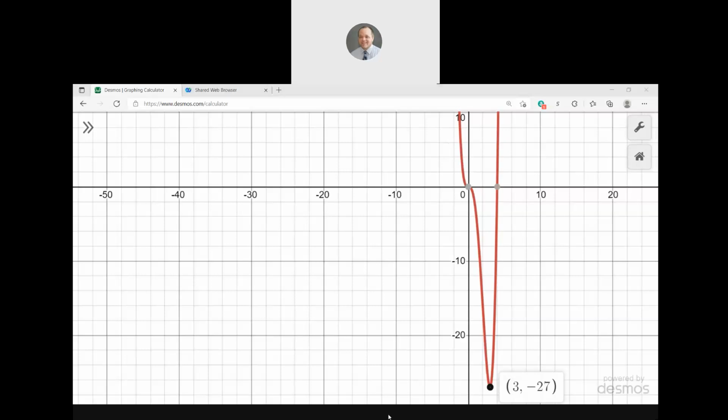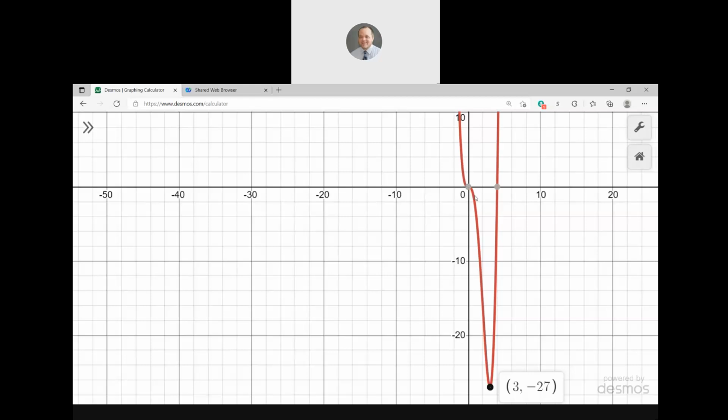Second derivative test, we said our graph was concave up from negative infinity to 0. So that's that little piece right here from negative infinity to 0. It's a cup turned right side up.